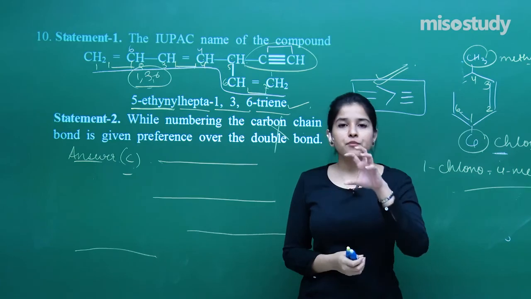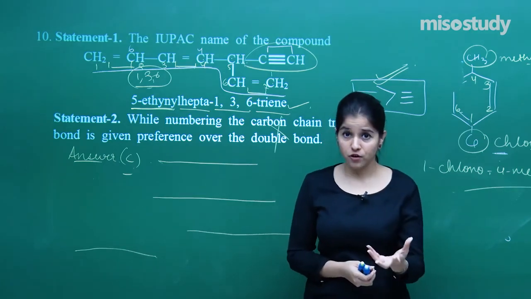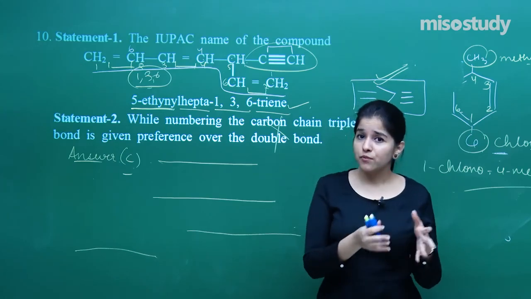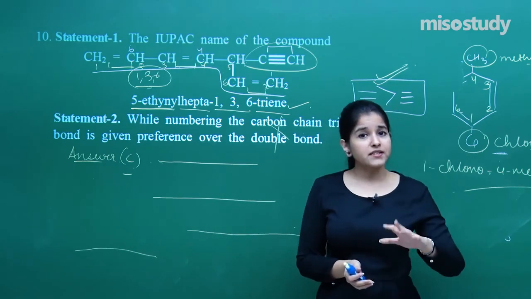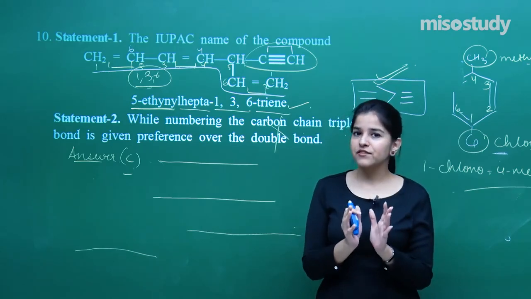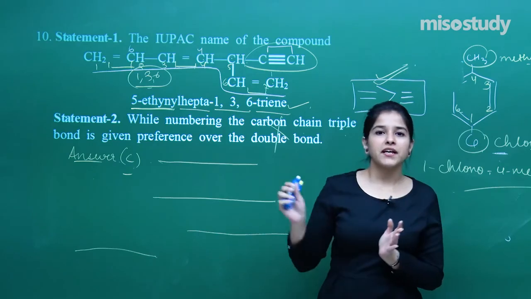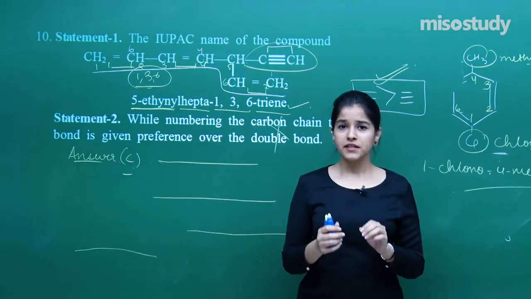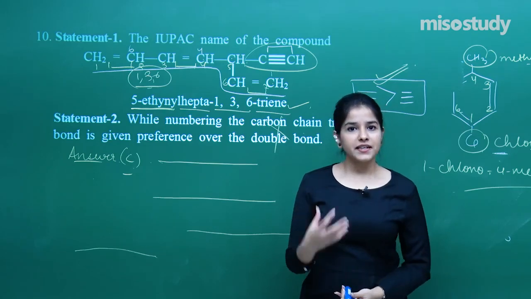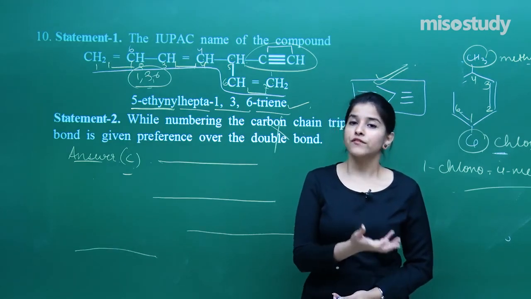So you need to have a proper idea about the rules, how to assign the priorities, how to assign the type of functional groups, whether it is terminating or non-terminating. We have discussed NEET, mains as well as advanced type exercises. You need to practice them a lot, and I'll be back in the next session with a few more topics of another chapter.